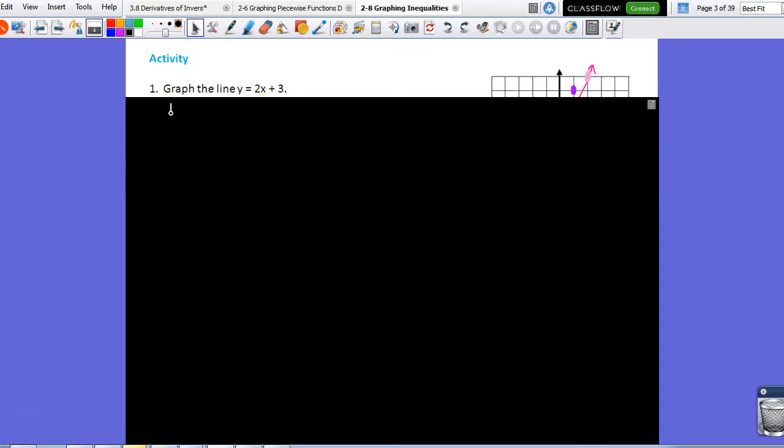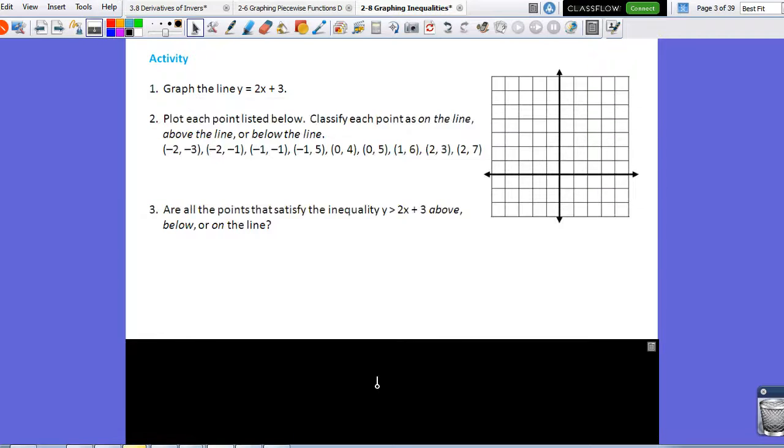Okay, so then for the activity part of this, what I want to do is have you graph that line. So again, you have the line y equals 2x plus 3. So your y-intercept is a positive 3.